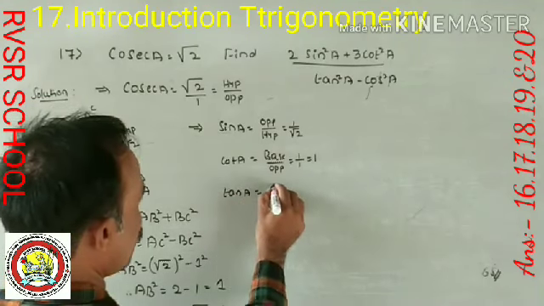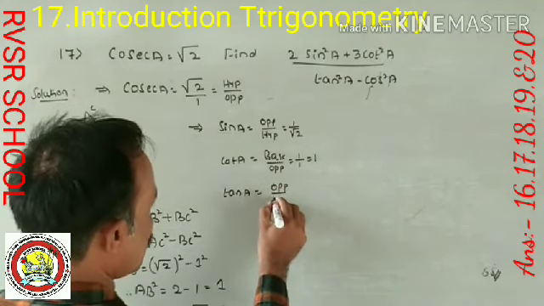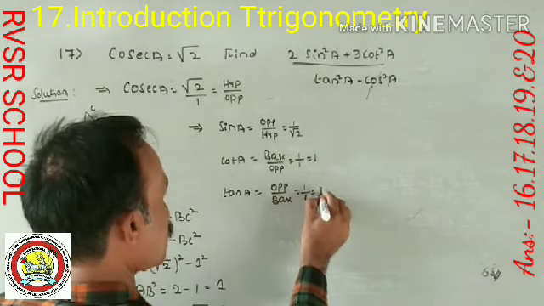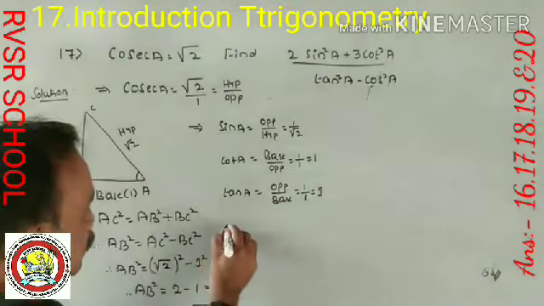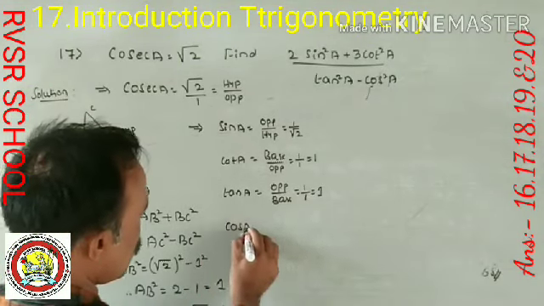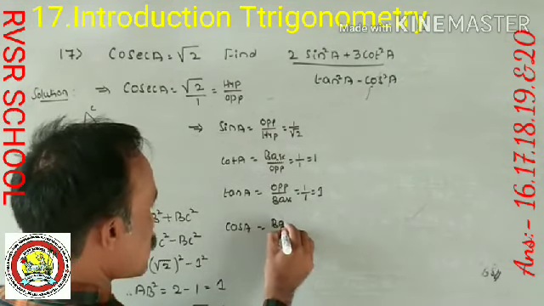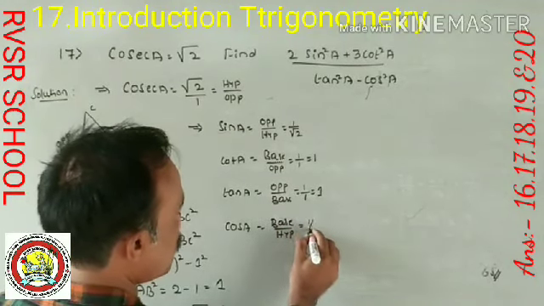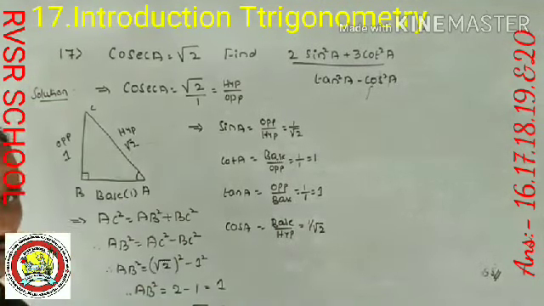Tan is the reciprocal of cot, opposite divided by base, that is 1 by 1, which is 1. Then cos is equal to base divided by hypotenuse, that is 1 by root 2.